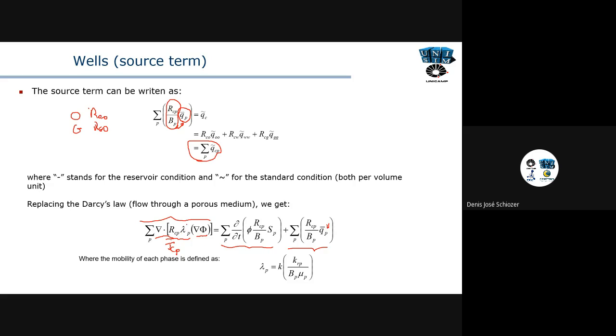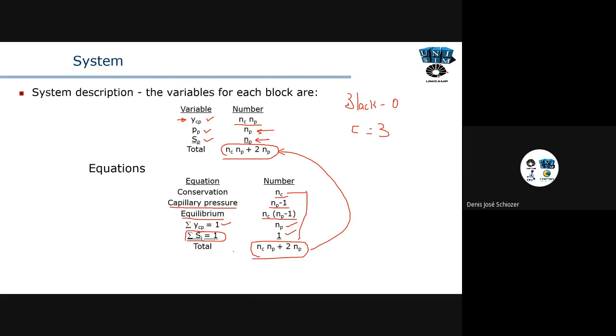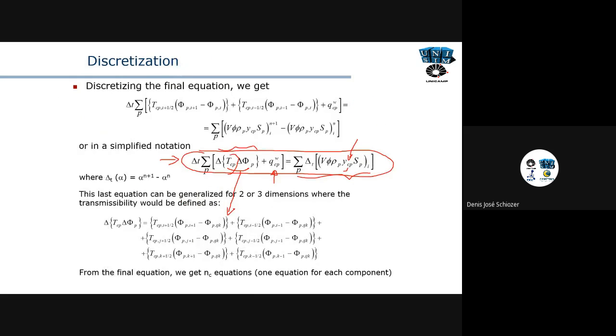And this mobility here, if you remember from the transmissibility equation, is proportional to the permeability, to the relative permeability, to the viscosity, and also has to be divided by the formation volume factor of the phase, okay? So this term here, R_cp times mobility, is the same thing as we have seen here in the transmissibility, okay?